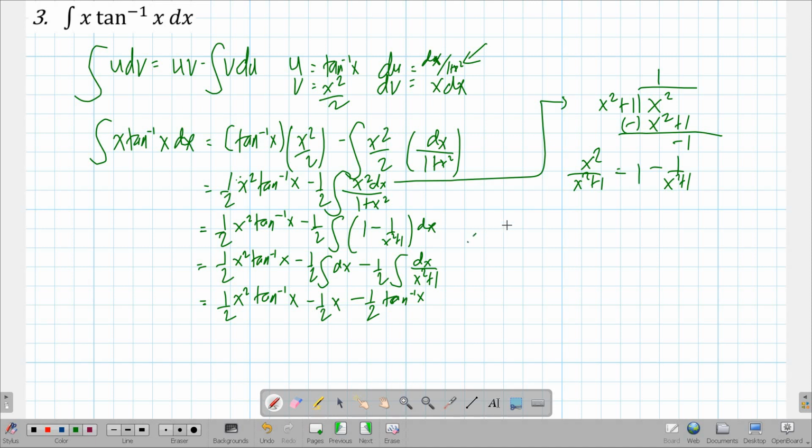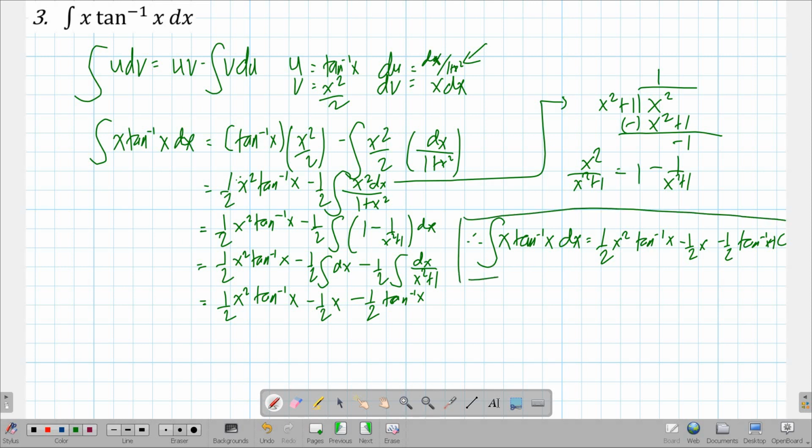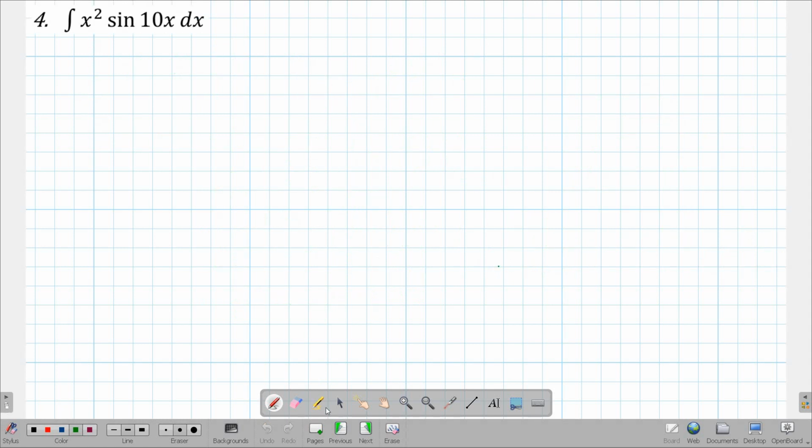Therefore, let's write it here, the integral of x inverse tangent of x dx is equal to 1 half x squared inverse tangent of x minus 1 half x minus 1 half inverse tangent of x plus c. But we don't forget that. There you go.